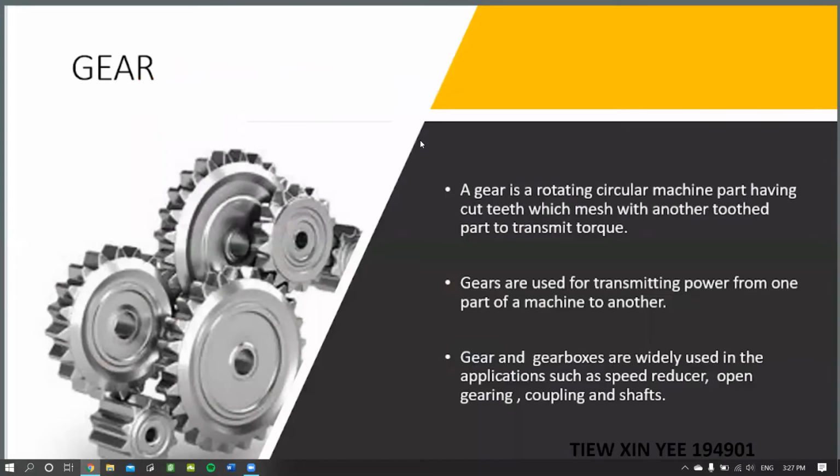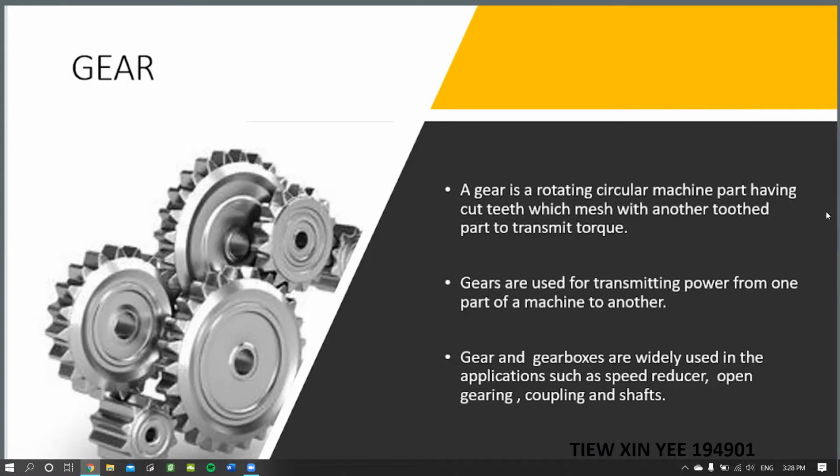Okay. Hi. So the next element that we are going to talk about is gear. First of all, I will introduce what a gear is. A gear is a rotating circular machine part having cut teeth which mesh with another toothed part to transmit torque. Gears are used for transmitting power from one part of a machine to another.